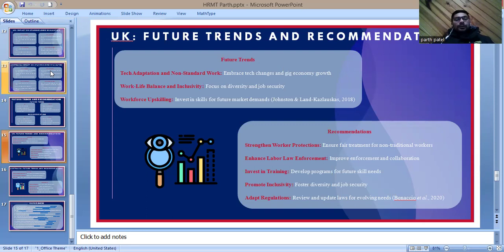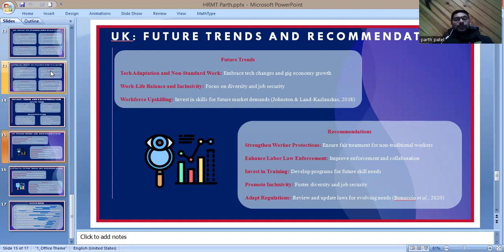Future trends. The UK is capable of embracing the growth of the collective flexibility with the zero hours contract, while focus is being shifted towards healthy work-life balance, as well as enhancing the diversity of workplace and safeguarding against job security and investing in the skills of the future market demands.